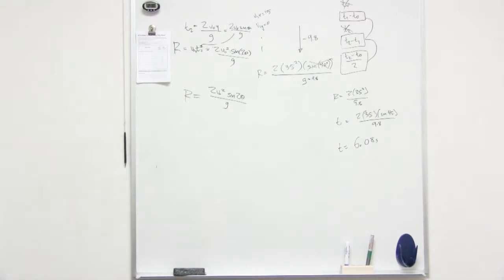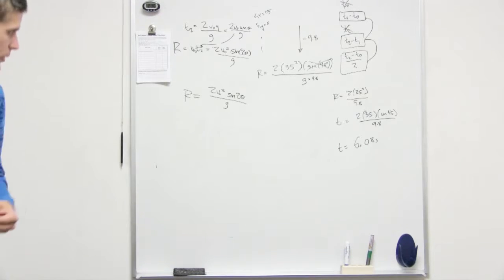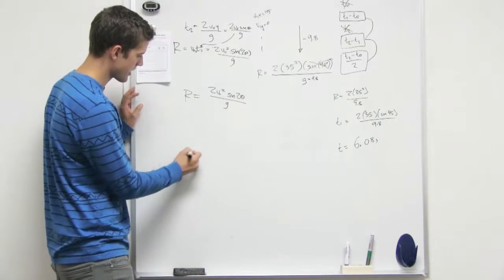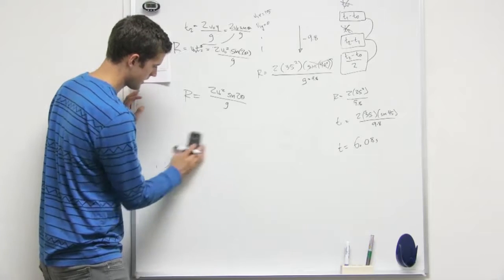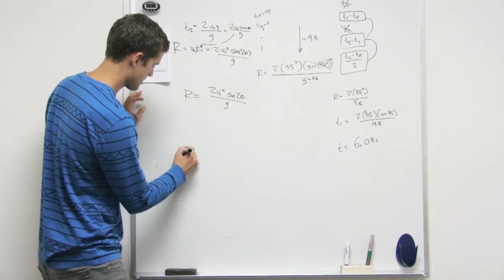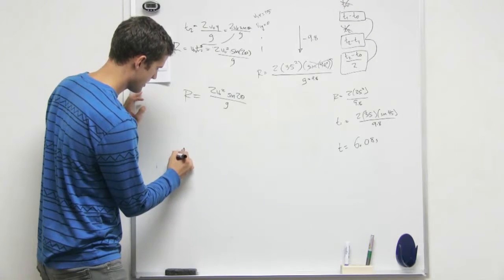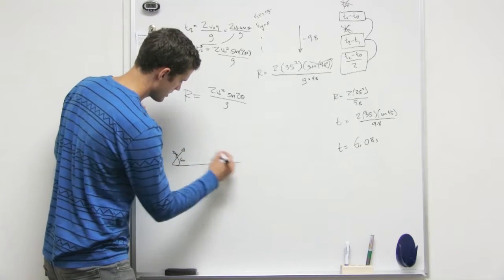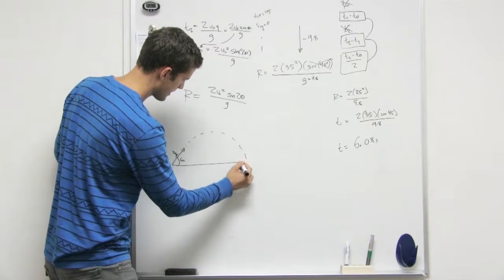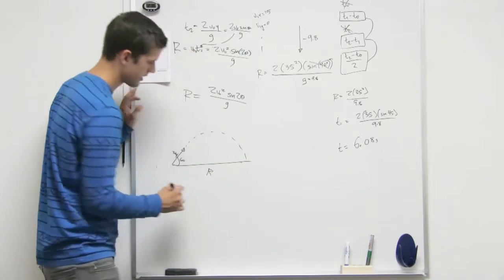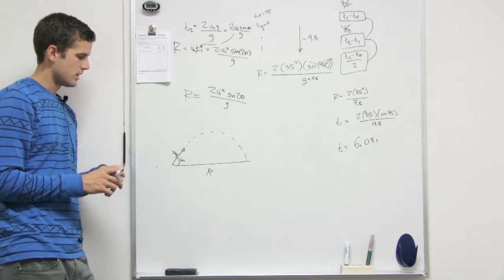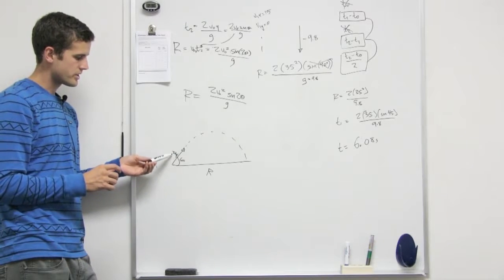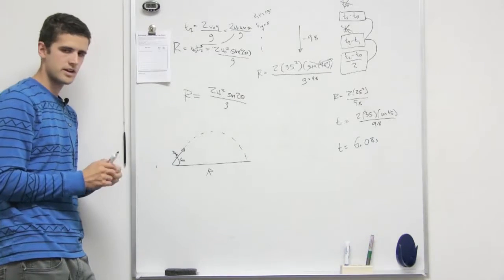Originally, this started out at 30 meters per second at an angle of 60 degrees. It flew out and landed out here somewhere. This was our R. So would increasing 30 give us a greater range?